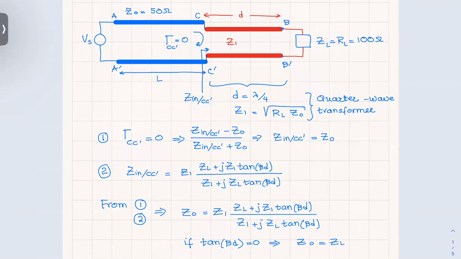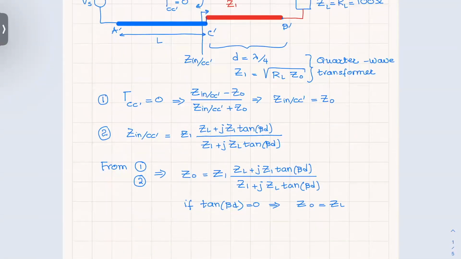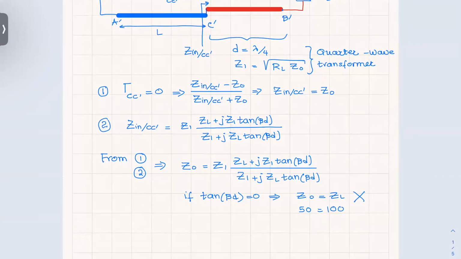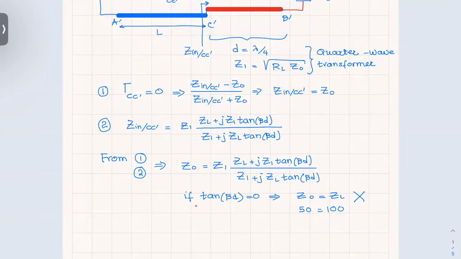But that is not possible because ZL is 100 ohms and Z naught is 50. So that is not possible, okay? You cannot have 50 equal to 100. No. So that is not possible here. Let me put not appropriate value. Okay, so what is another?